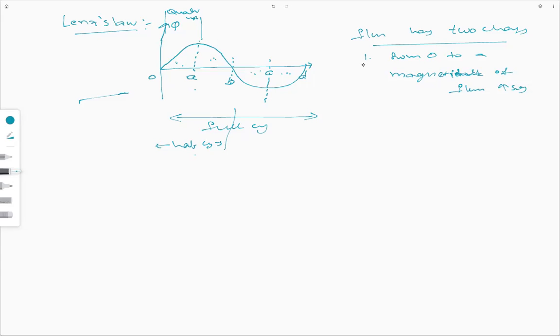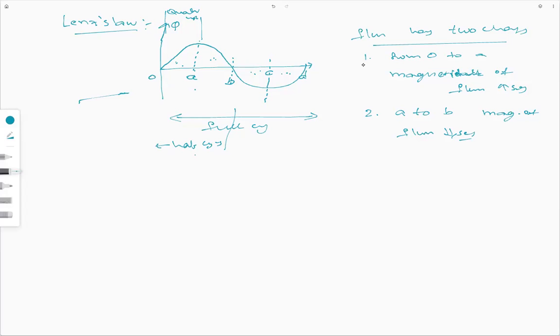This is the first case, 0 to A. Whereas from A to B, the magnitude of flux decreases. Otherwise, I can say flux linkage to the coil is decreasing. These are the major two changes in Lenz's law.